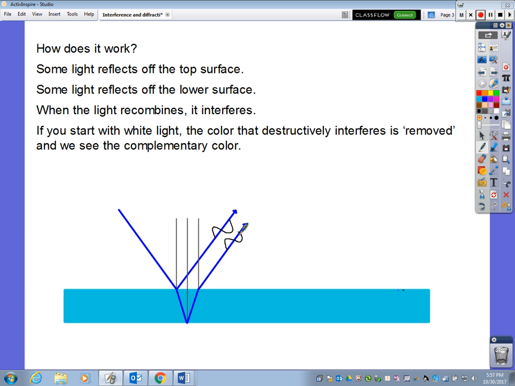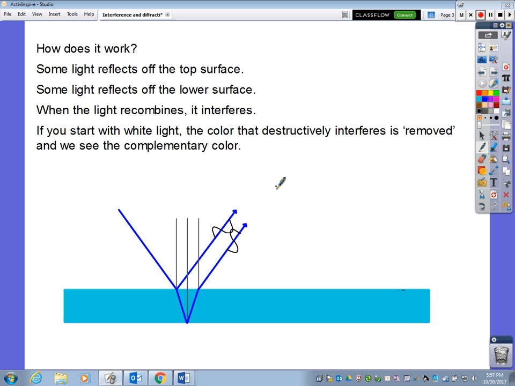They interfere constructively, and if this is blue light coming in, you'll see blue light coming out. If the difference in path length is half of a wavelength, then when this one has this waveform, this one's going to be just the opposite. And they'll interfere destructively, and the blue light isn't seen over in this area.